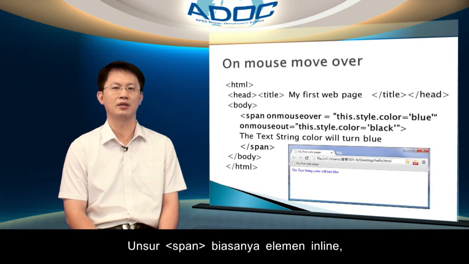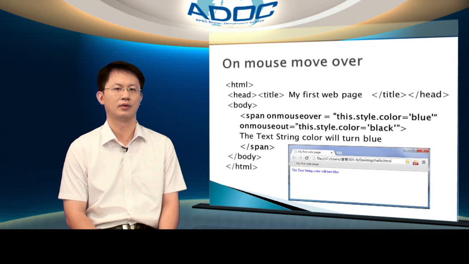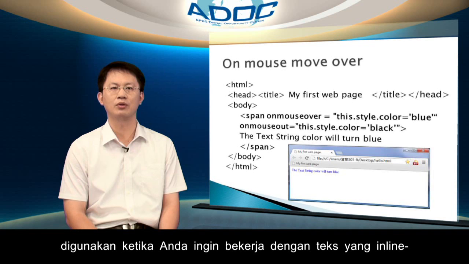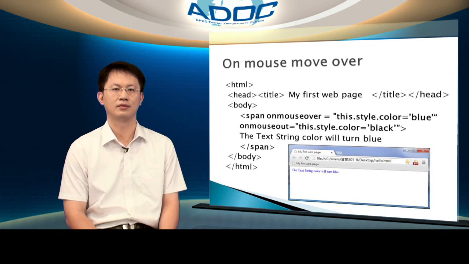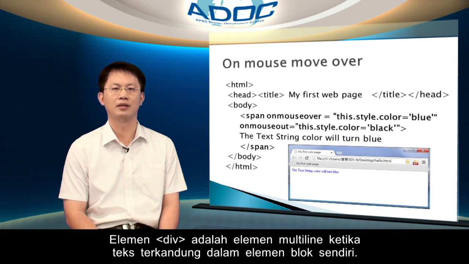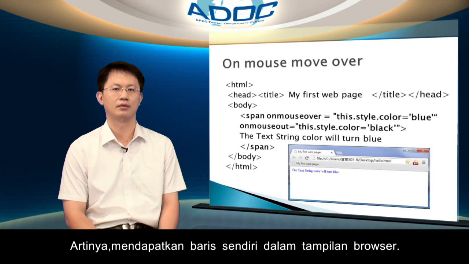The span element is usually an inline element used when you want to work with text that's inline, that is, part of a line. The div element is a multi-line element, used when text is contained in its own block element, that is, it gets its own lines in the browser's display.